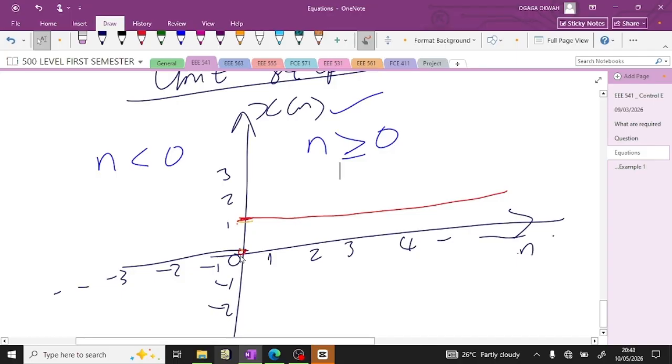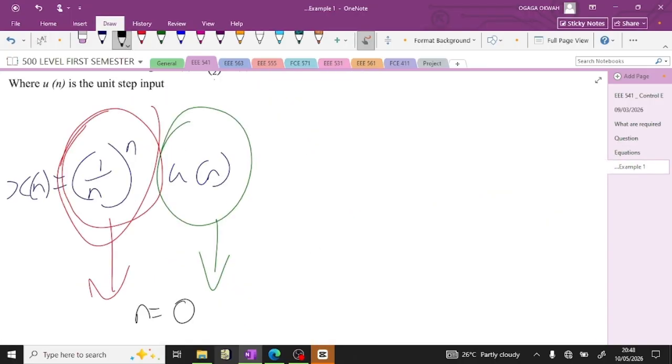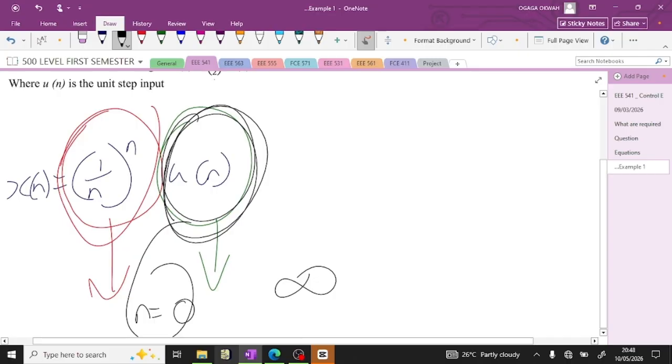So in our own case, this just means that n will start from 0 to infinity. Again, this part just means that n will start from 0 to infinity, not from negative infinity to infinity. So that's the meaning of that part.